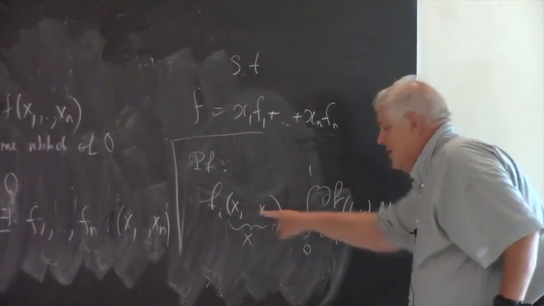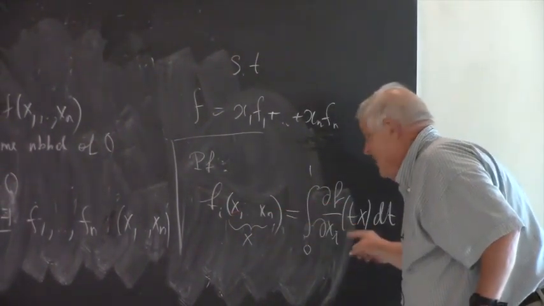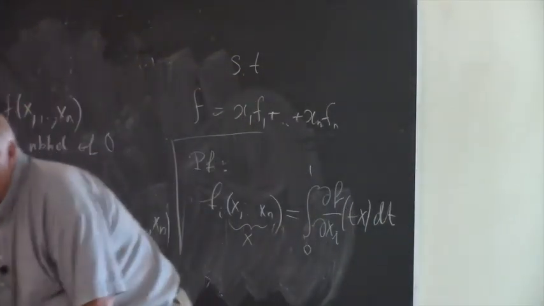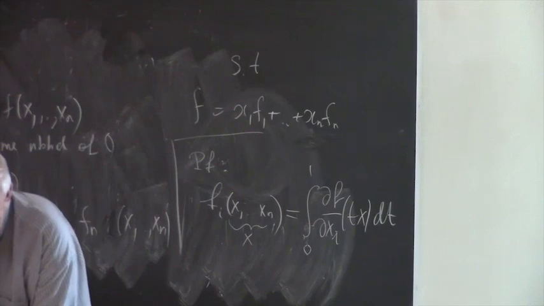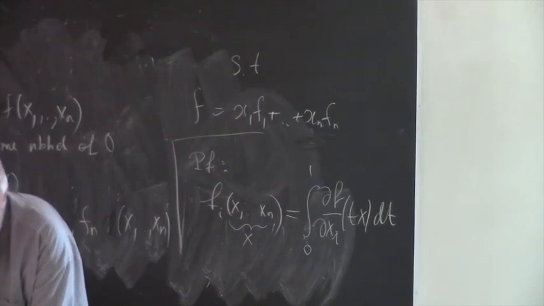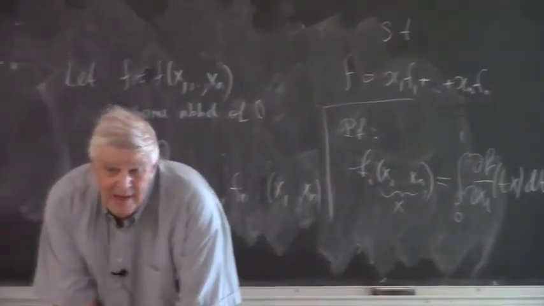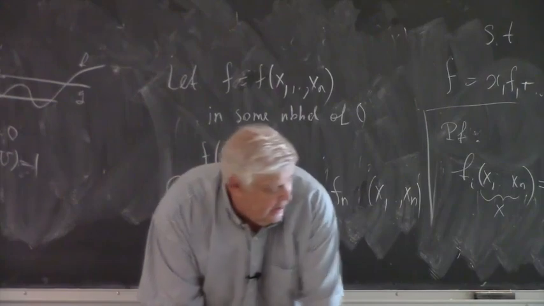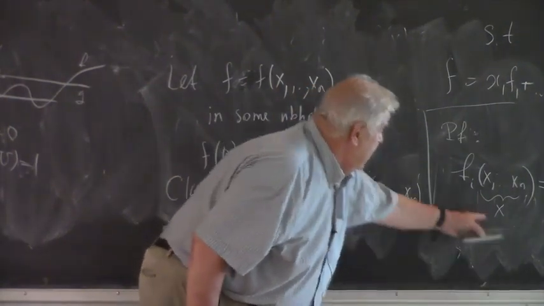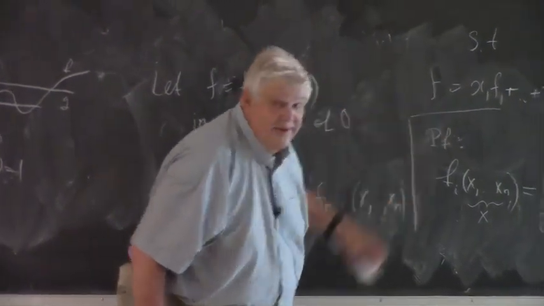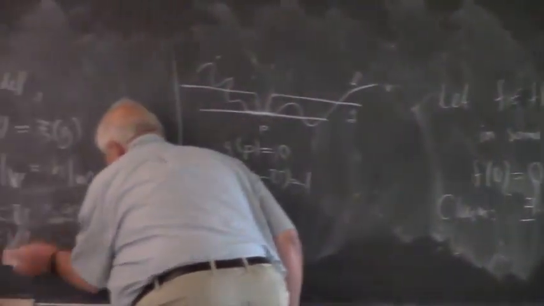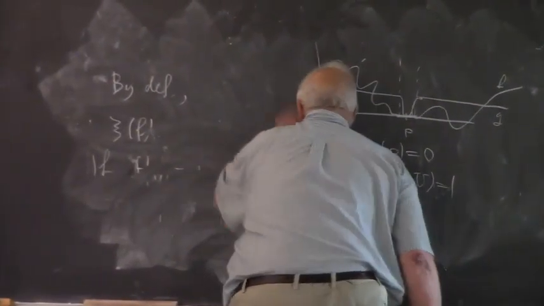The x is fixed here. t is not fixed, t goes from 0 to 1. You understand that the point x should be such that the whole straight interval that joins x with the origin belongs to our neighborhood. So maybe we will have to take a smaller neighborhood. I claim that these functions satisfy these conditions. This is one claim. Another claim is immediately obvious.